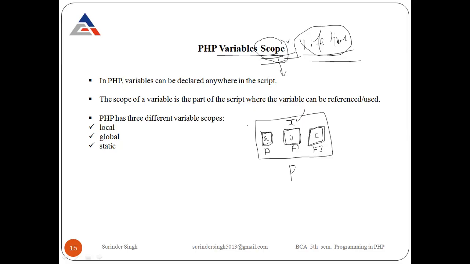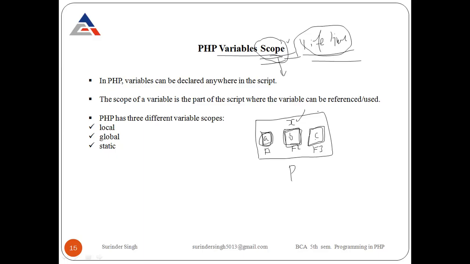Clear? Now a can be accessible only in the f1 function, not in f2, not in f3, because a is the local variable of f1. Similarly, b is declared in f2 and is accessible only in the f2 function, not in f1 and not in f3.